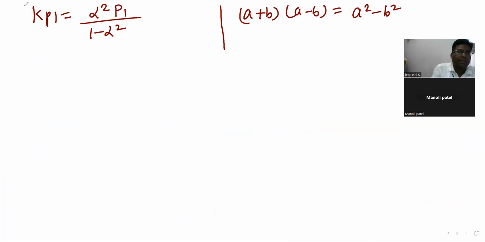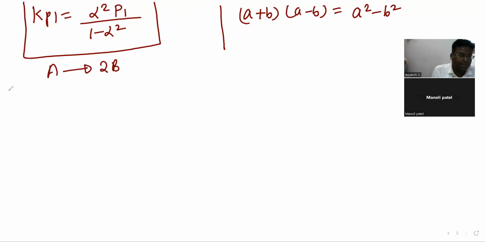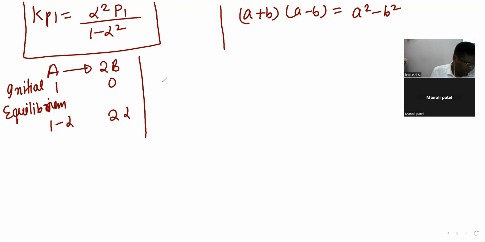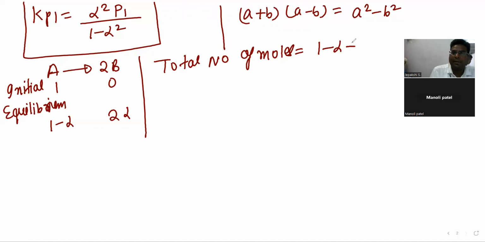Now see the case 2, when A dissociates into 2B. Initially it is 1 and 0. At equilibrium, it will become 1 minus alpha and 2 alpha. So the total number of moles is 1 minus alpha plus 2 alpha.